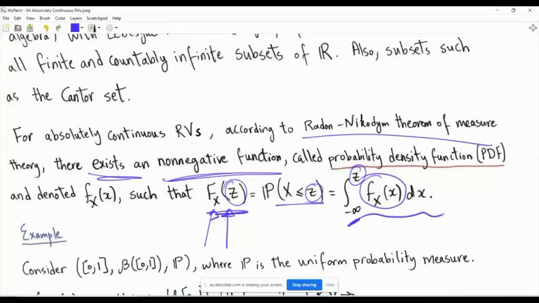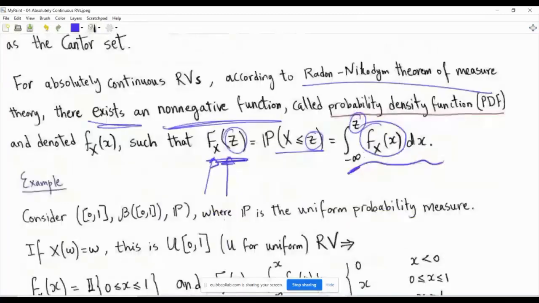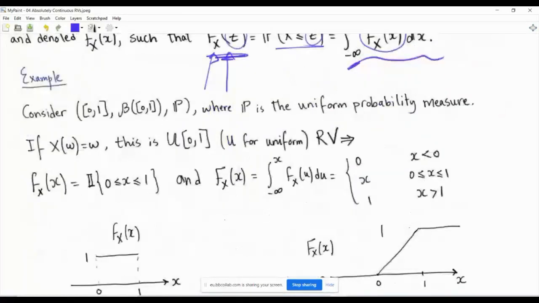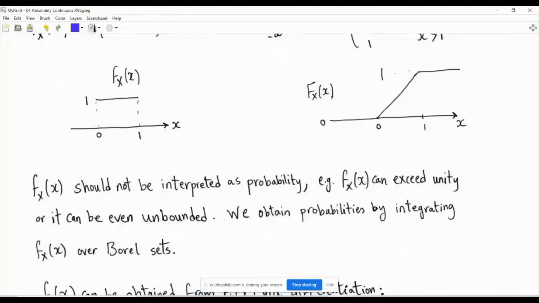So the value of the PDF can be greater than 1, so it should not be interpreted as a probability. So f of small x is greater than or equal to 0. The PDF cannot be negative at all.